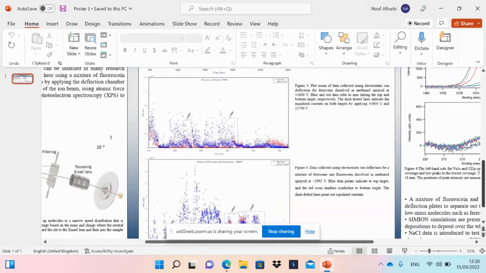Figure 4 is data taken from a mixture of fluorescein and fluorescence. It shows the success of the two experiments in figure 2 and figure 3.